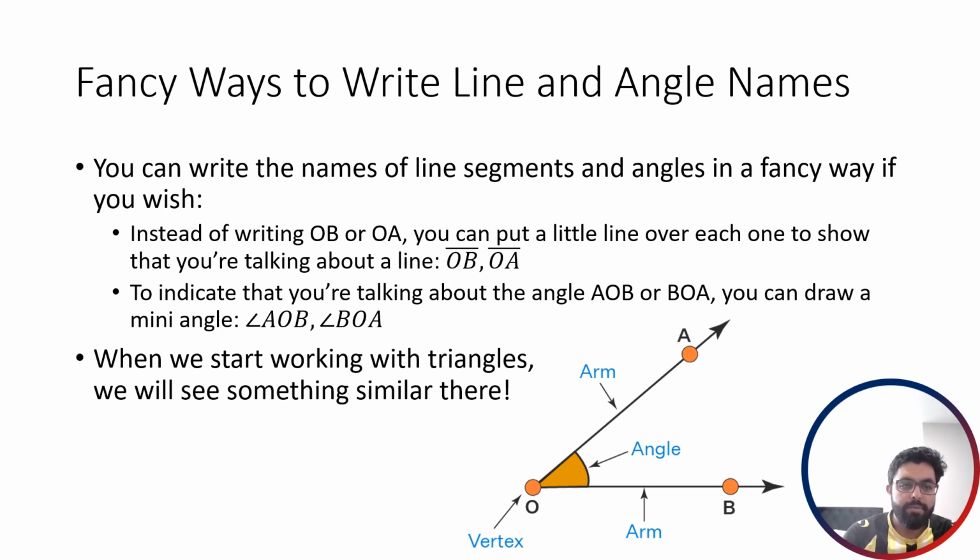And then similarly with what I was just saying about triangles, you'll see I've written on the screen that when we start working with triangles, we'll see something similar there. You might have a triangle and then you name your triangle something like, I'm going to call this point J, this point K, and this point L. So if I want to talk about this angle right in here, then I have to talk about point J, point K, and point L, right?